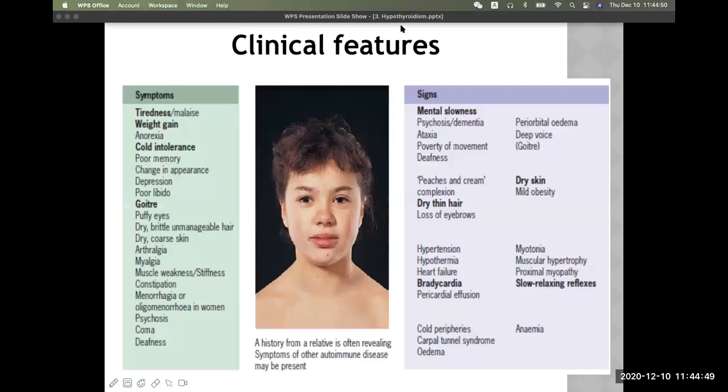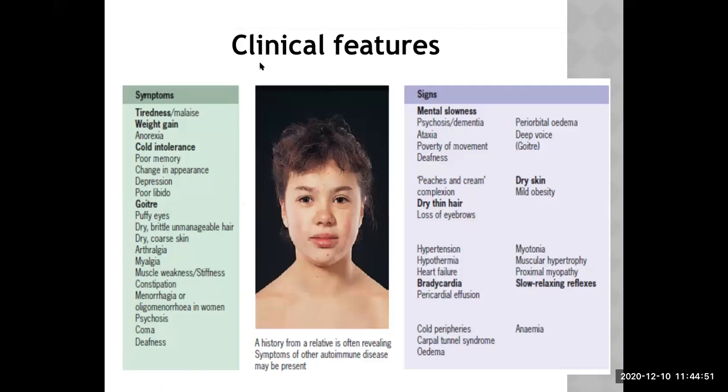Now let's talk about the signs and symptoms of hypothyroidism, just like we talked about hyperthyroidism. See here, tiredness, already talked about, or malaise. Weight gain, a very important feature of hypothyroidism. Anorexia, they are anorexic but they still gain weight. Remember this.